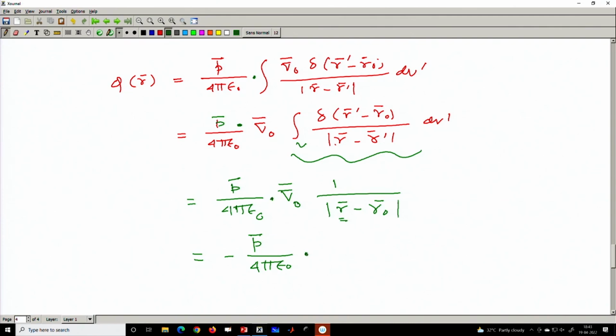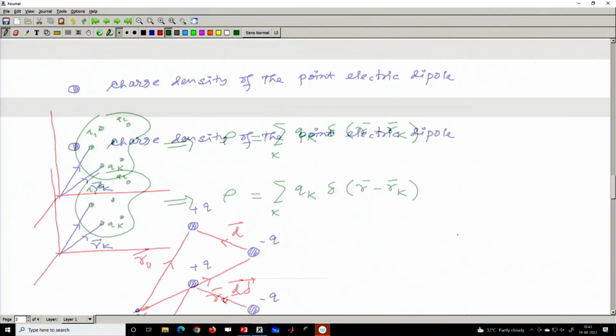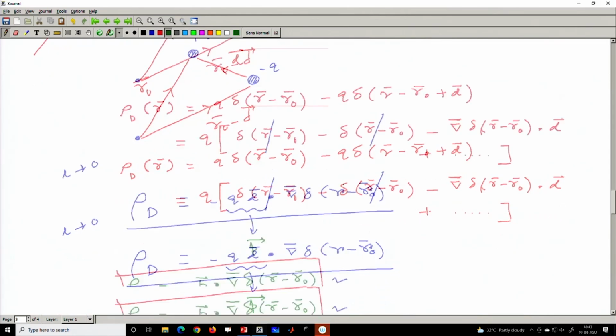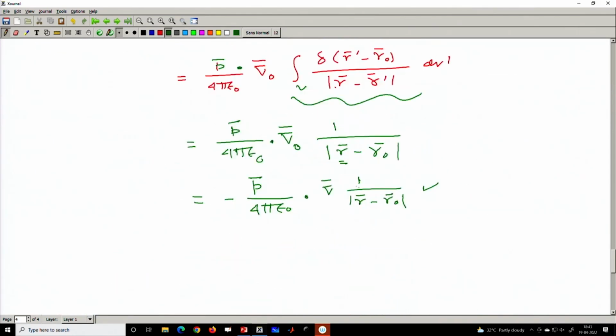So I have dot, then gradient of 1 by r minus r 0. So this is precisely the value we had here. If I go back and check what is the potential I get, this is the value, because r divided by r cube you can execute by just taking the gradient of 1 by r vector. So once you do that, you are going to get the same result.